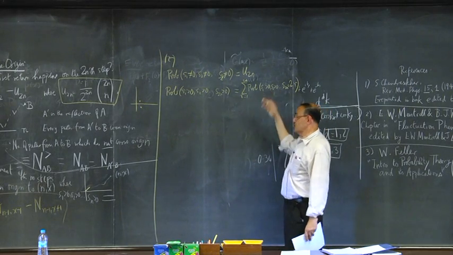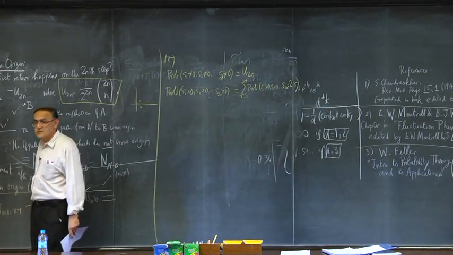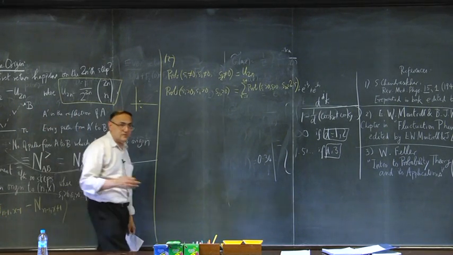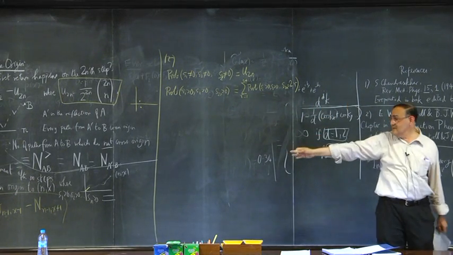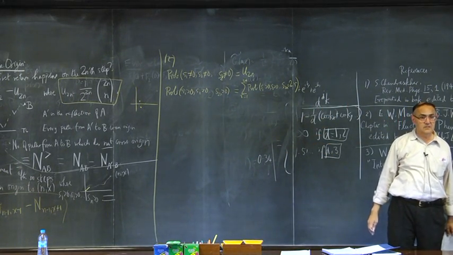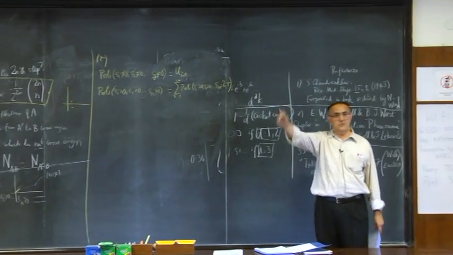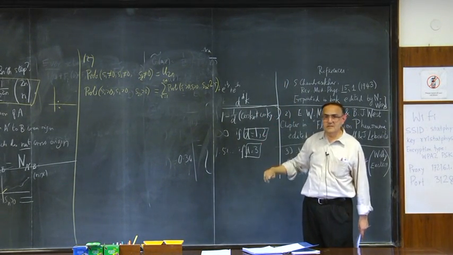Why do we do something so complicated? Because we have already worked it out. We worked out the probability of going from the origin to a point on the positive side, and there it is. So, we can substitute here. So, you will have lots of terms, they will all cancel except one.